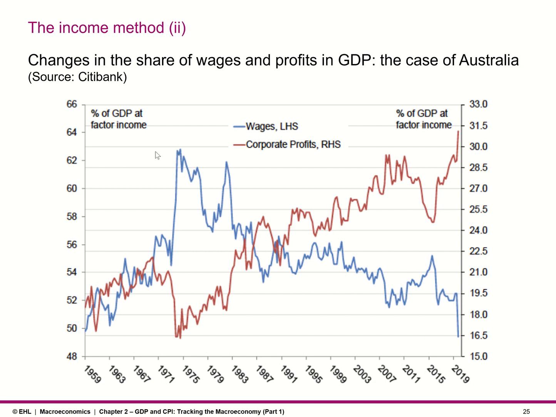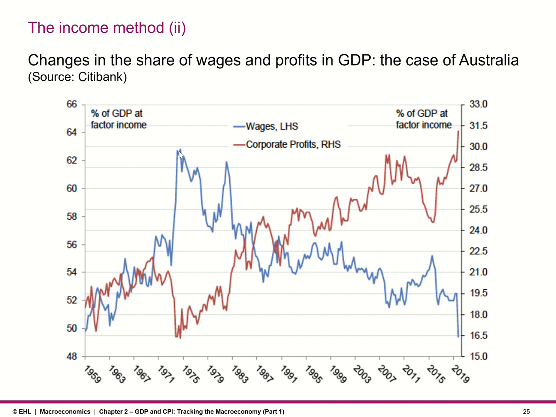So this is the wages share, on the left-hand scale here. In the 1970s, it reached up to 62 or even 63% of GDP. 63% of total income generated in the economy was distributed to workers in the form of wages.